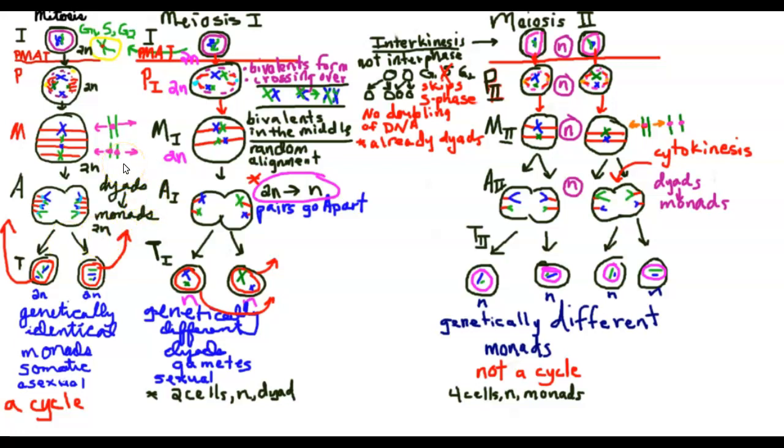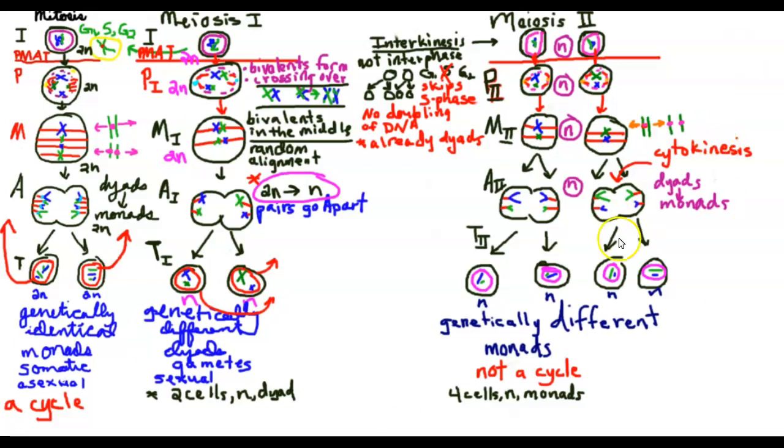The centromeres have to double. You also see that over here in anaphase 2. Remember, the whole point of meiosis 2 is to convert those haploid dyads into haploid monads. Because dyads are becoming monads, in metaphase prior to that, centromeres have to double.